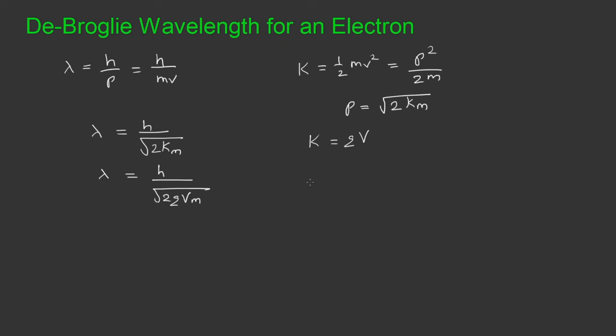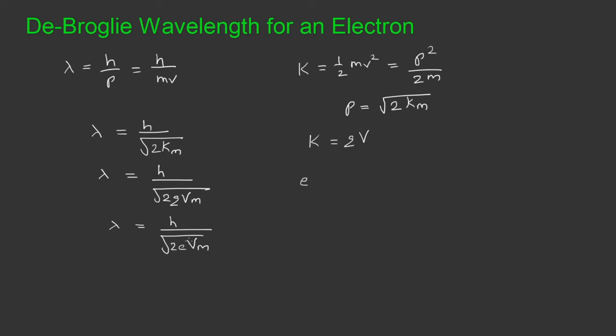If an electron is accelerated, then the charge is e. Then the de Broglie's wavelength can be written as lambda is equal to h by square root of 2eVm, where e is the charge of the electron, V is the potential difference, and m is the mass of the electron.